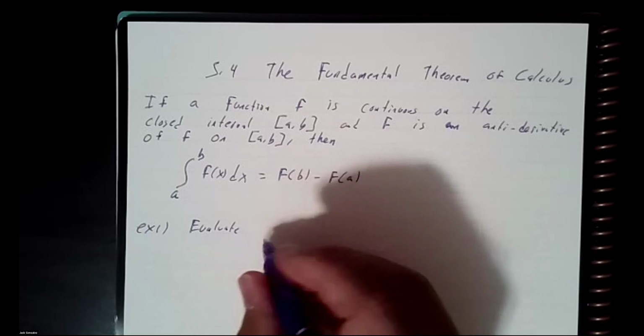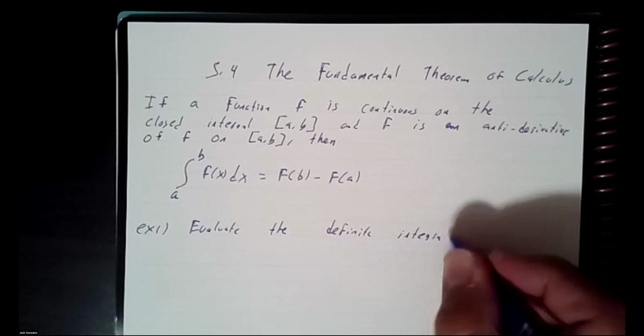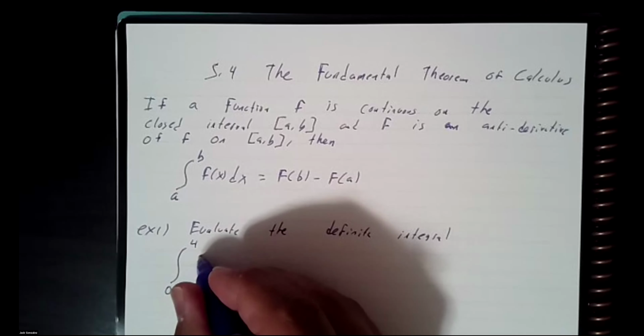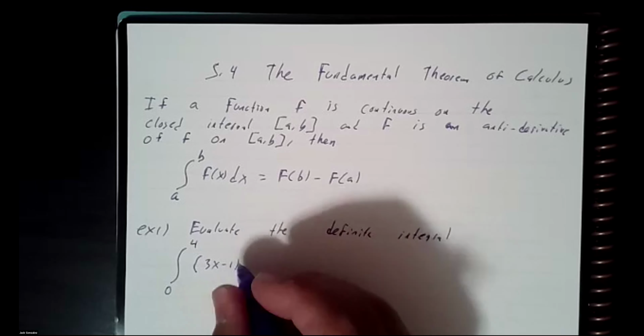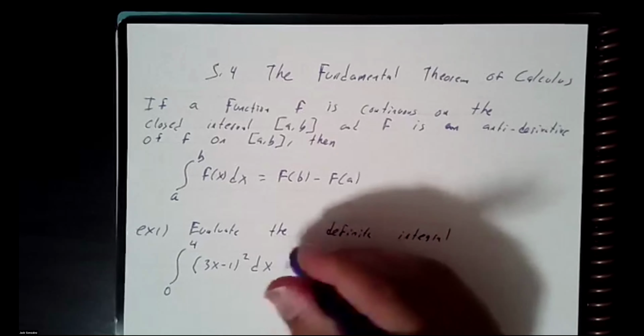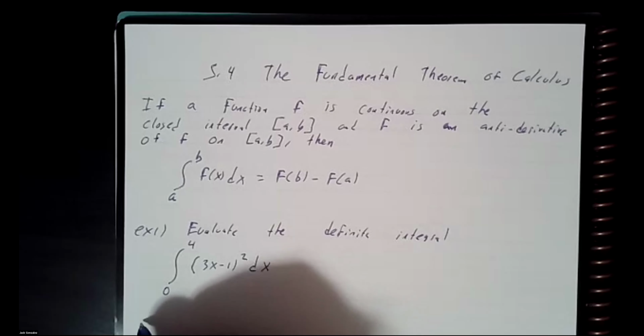So evaluate the definite integral from 0 to 4 of (3x minus 1) squared dx.